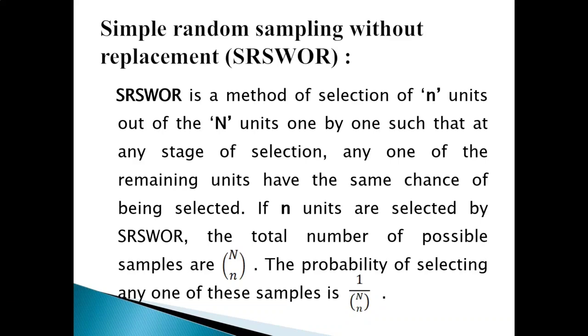So if we have 10 population units and we are drawing a sample of 2, then our possible samples will be 10C2, and the combination formula is N factorial divided by small n factorial times capital N minus small n factorial. We had NCR, but the same formula is applied here, with R replaced by small n. And the probability of selecting any one sample is 1 by NCn. Okay.